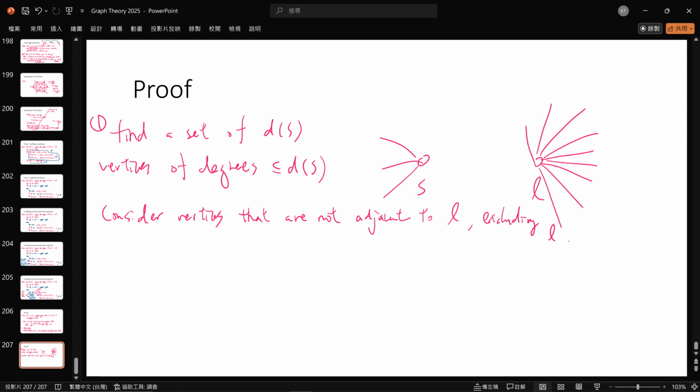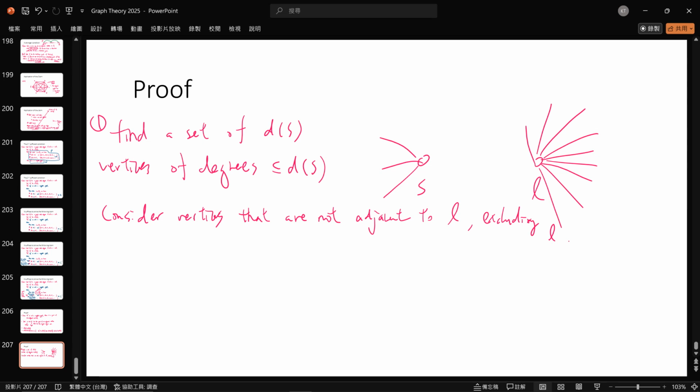So we're going to consider vertices that are not neighbors of L. That is, vertices that are not adjacent to L, excluding L. We cannot consider L because L has a large degree, but for this set the degree cannot be large. So basically just all the vertices that are not adjacent to L. And I claim that this is the set. We have to prove two things. The first one is the size.